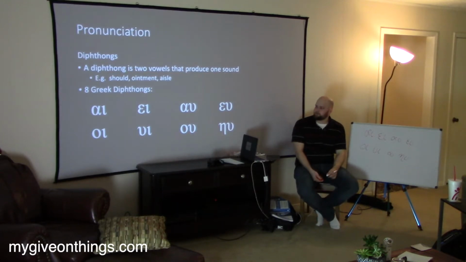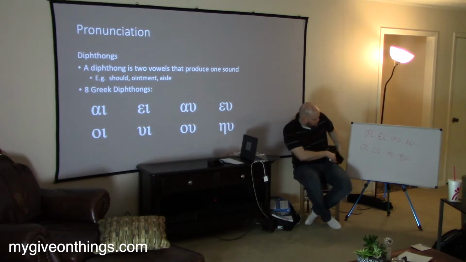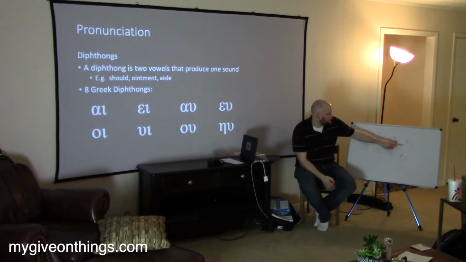All right. You see a pattern? Roughly, right? What's always at the end of a diphthong? Iota or upsilon. Iota or upsilon, yes. Always either an iota or an upsilon.